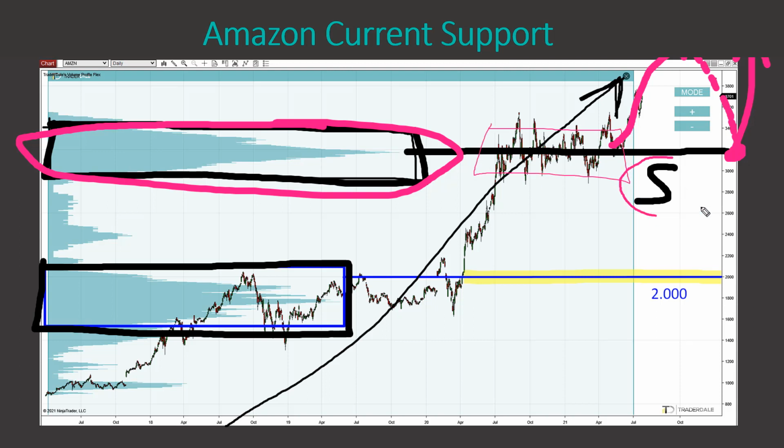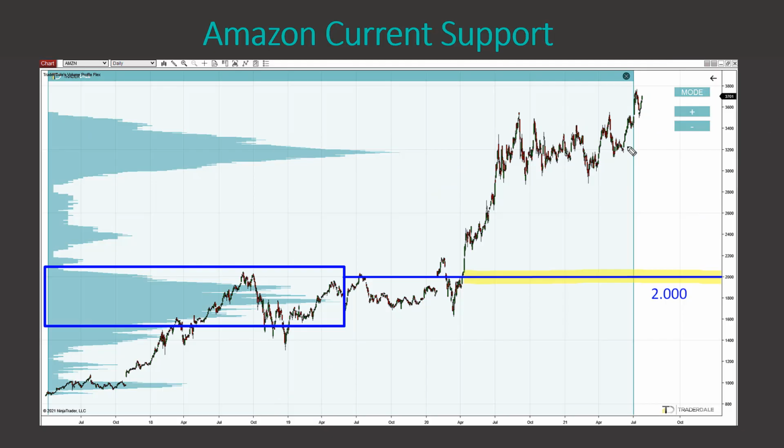So this support is currently sort of, I would say, open to discussion. Let's wait and see if there's more price action above that support, then it will get confirmed and it will be good to trade, in my opinion.